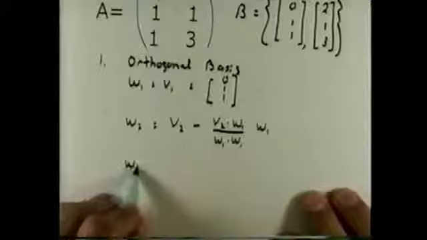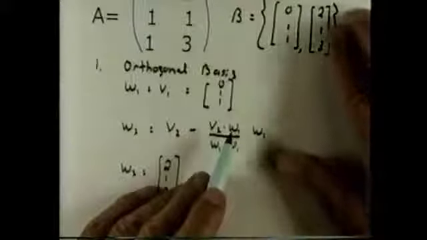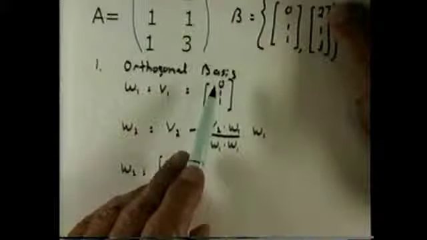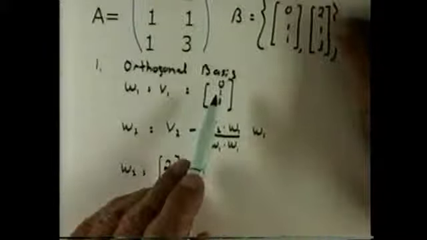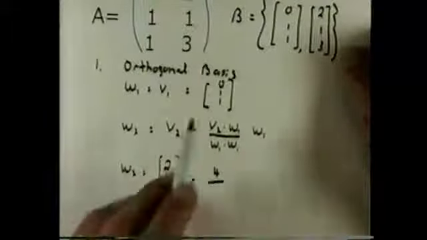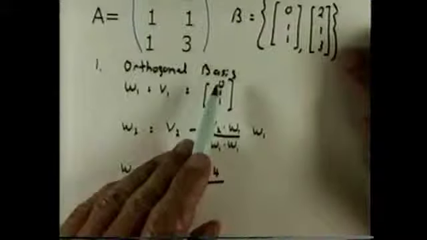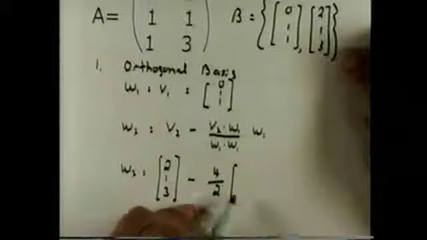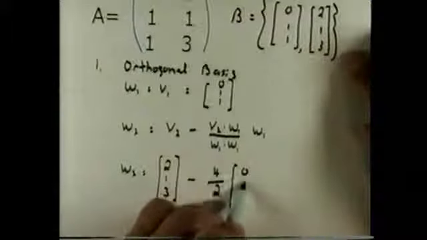So W2 is going to be V2, which is 2, 1, 3, minus V2 dot W1. Well, here's W1, here's V2, so we'll do the dot. 0 times 2 is 0, plus 1 plus 3. So that's going to be 4 over, okay, W1 dot W1 would be 0 plus 1 plus 1. So that would be 2, times W1, which is 0, 1, 1.